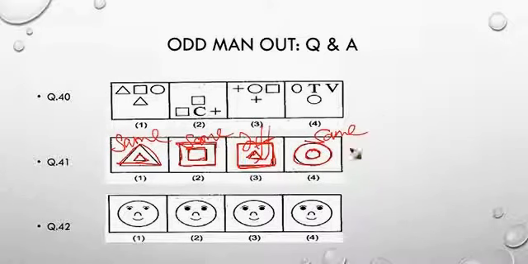What we have analyzed is that option 1, 2 and 4 share a similarity because the inner design and outer design are similar. But in case of option 3, the inside design and outside design are different designs. So answer for question number 41 is 3.